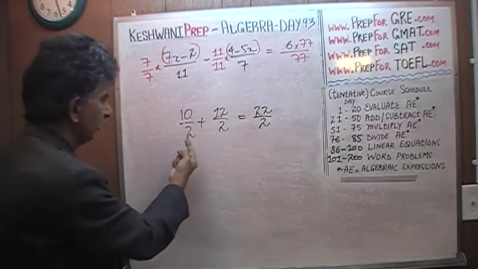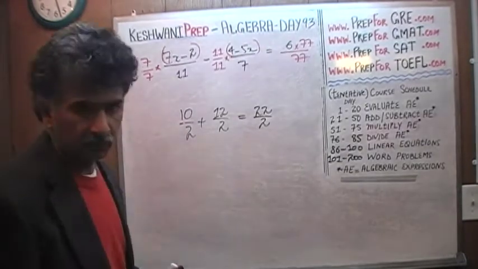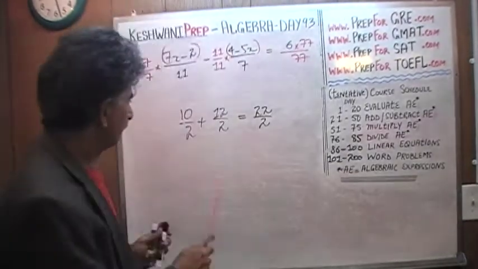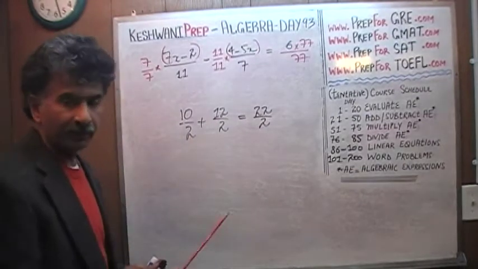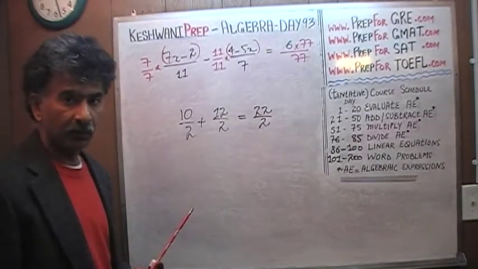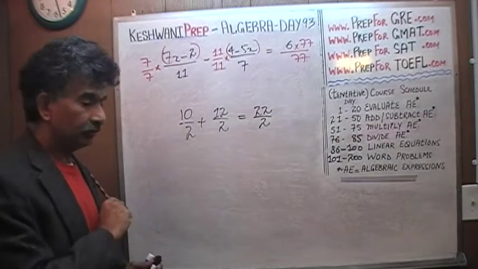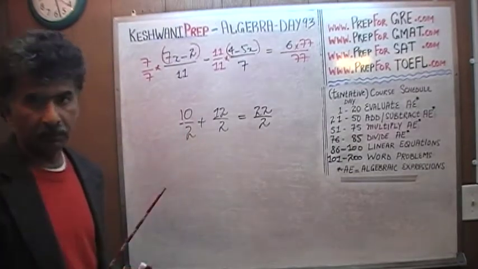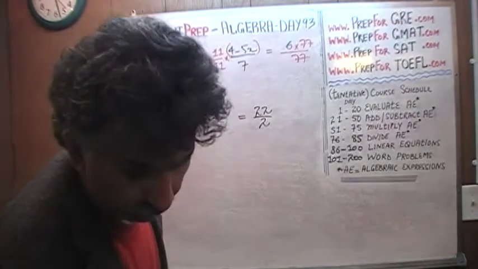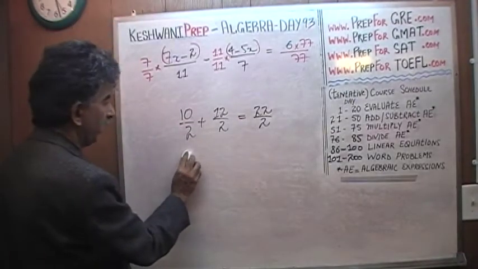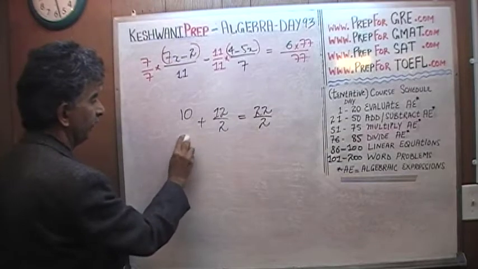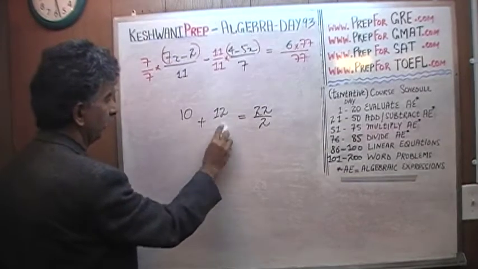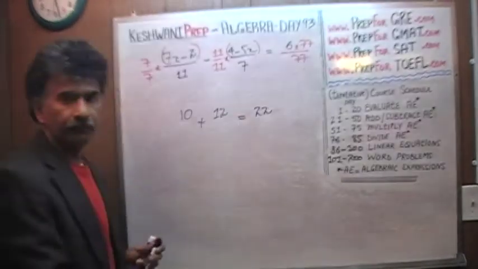But because 2 appears in the denominator throughout the entire equation, not just one side of the equation, but throughout the entire equation we get the same denominator for every single term. In that case, you can ignore it. It plays no part, it plays no role. It will still be a valid equation. 10 plus 12 does equal 22.